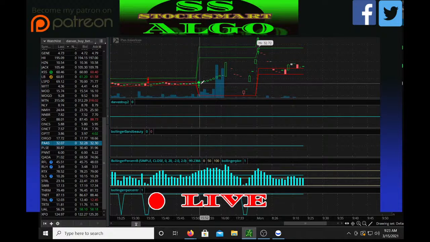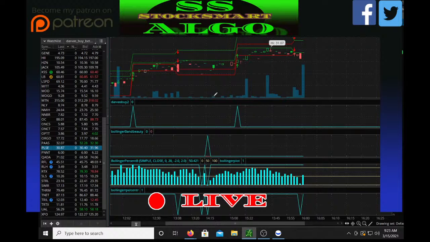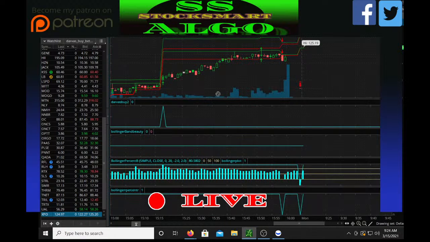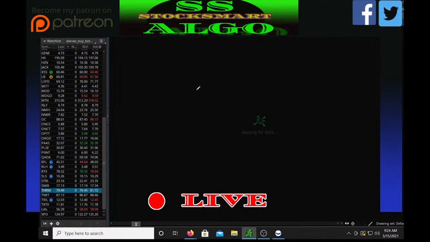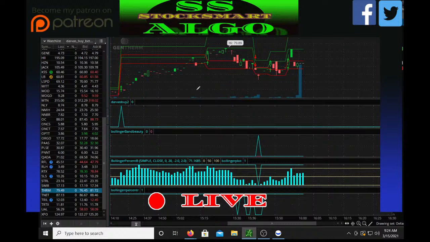I started designing my own indicators. Take the ones you know and the information you have, and then build your watch lists and the things that you want to know, like this, and like this, and when these dips are. Okay. XPO, UAL, TRTX, lots to choose from. So take a look and see if anything interests us.